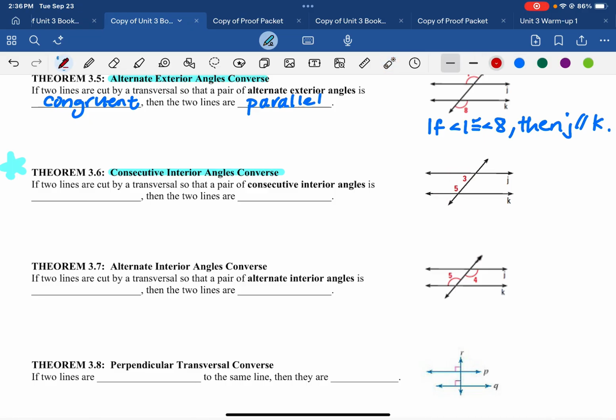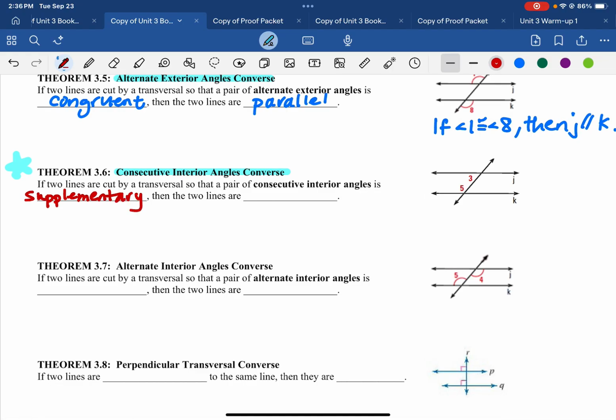If two lines are cut by a transversal so that a pair of consecutive interior angles is supplementary, remember, these are the only ones not congruent, then the two lines are parallel. In the picture, if I know that the measure of angle 3 plus the measure of angle 5 equals 180, then line J is parallel to line K.